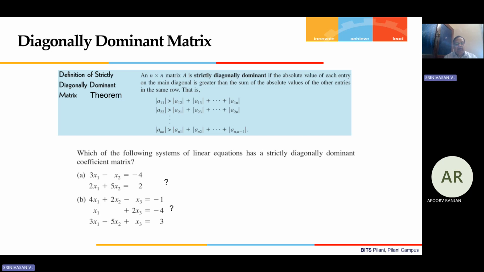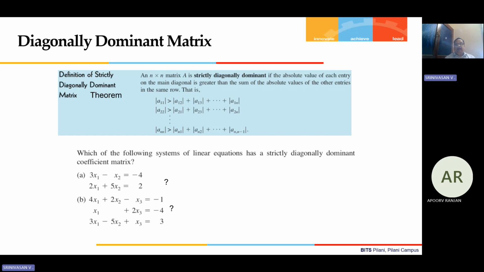Third row, 3, minus 5. So here, 4 is greater than 2 plus 1, that is 3. But 0 is less than 2 plus 1. And again, going to the third row, 1 is less than 5 plus 3.